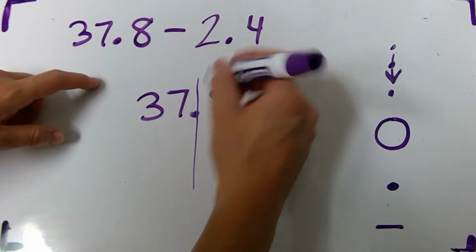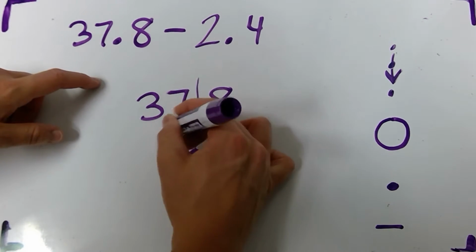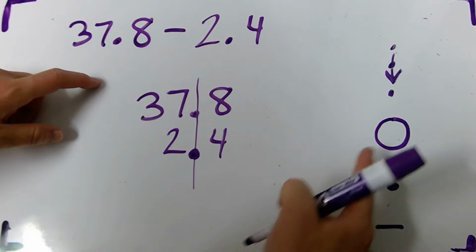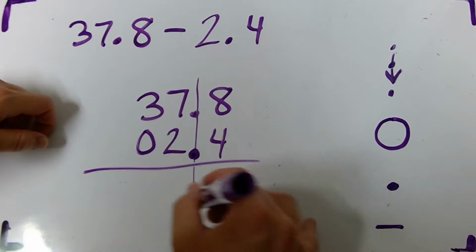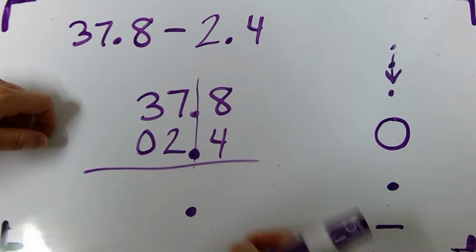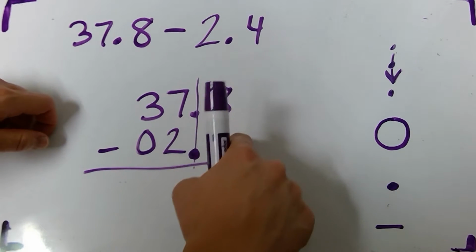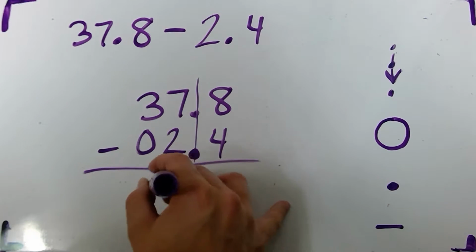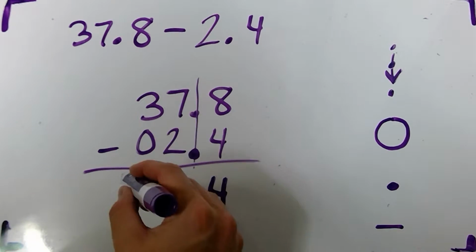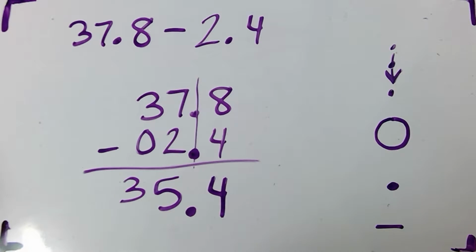We're going to line them up by the decimal, 2 and 4/10. Fill in any gaps with zeros. Bring your decimal down into your answer and subtract. 8 subtract 4 is 4. 7 subtract 2 is 5. 3 subtract 0 is 3.